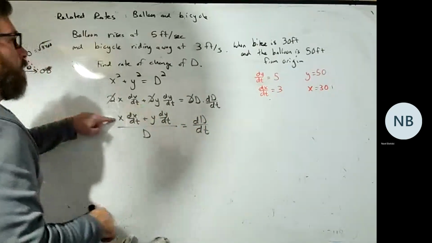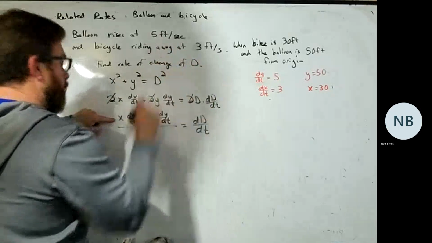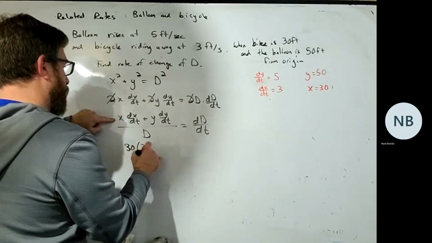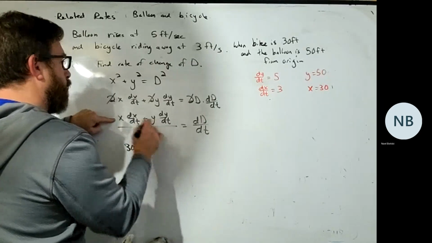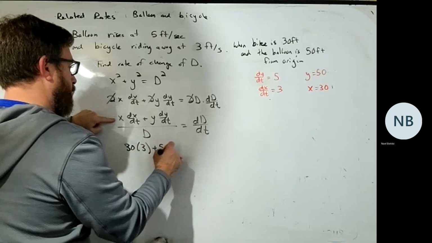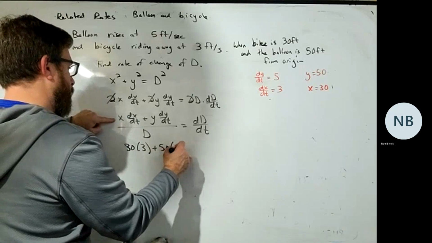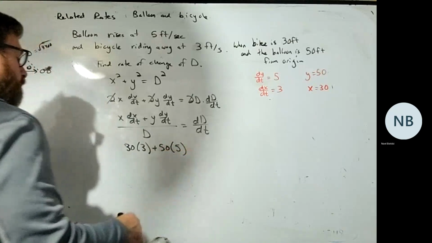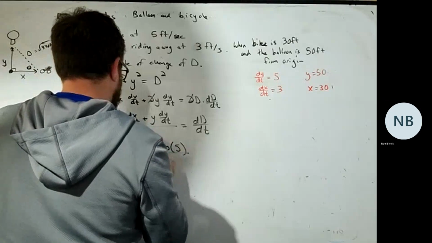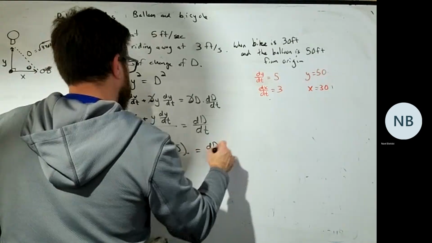I have all these values. I know x, which is going to be, what is x? X is 30. dx dt is going to be 3, plus y, which is going to be 50. dy dt is going to be 5, all over d, which is the square root of 3,400, calculated that previously, would be equal to d dt.